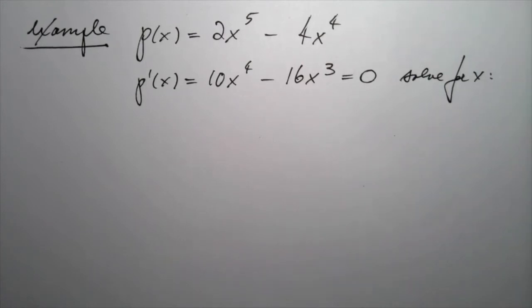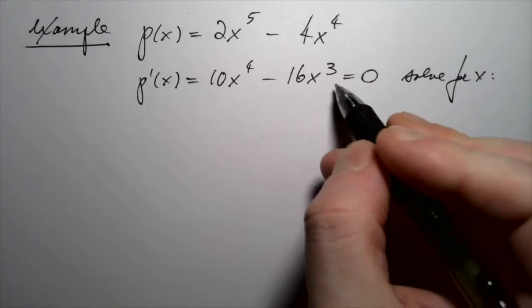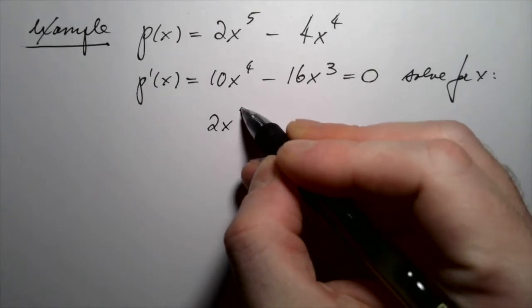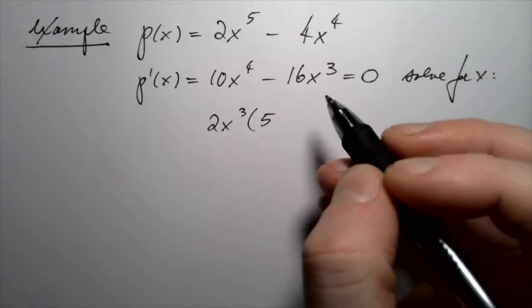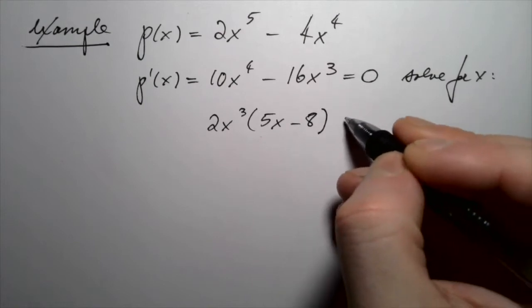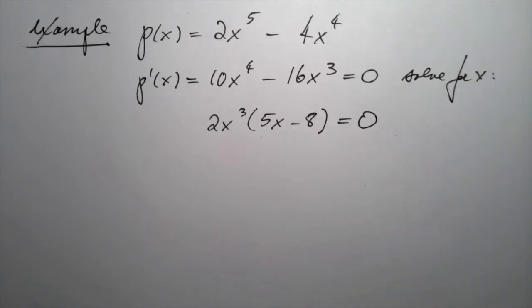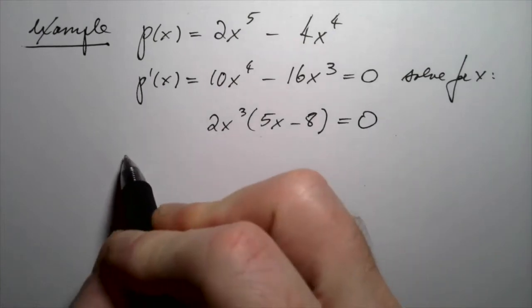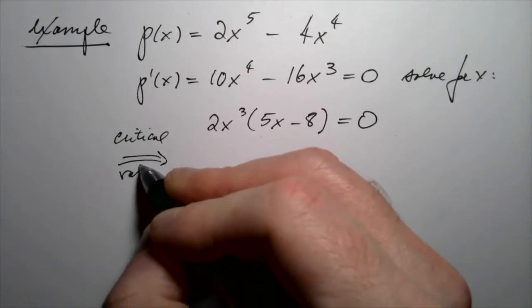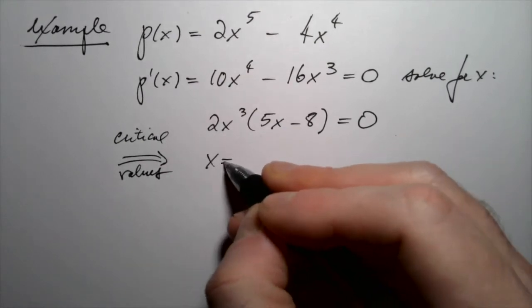Okay, well, before we do anything, it looks like there's a common factor of x cubed, and actually both of those numbers are even, so I'm going to go ahead and factor out a factor of 2. So we're left with 5x minus 8 when we factor out 2x cubed. And so that means that our critical values, the spots where the derivative is 0, are at 0, right?